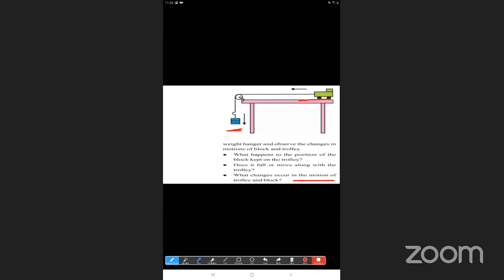Yes, here we observe that when the weights are increased continuously, the trolley will move in the forward direction. The block will move in the backward direction.